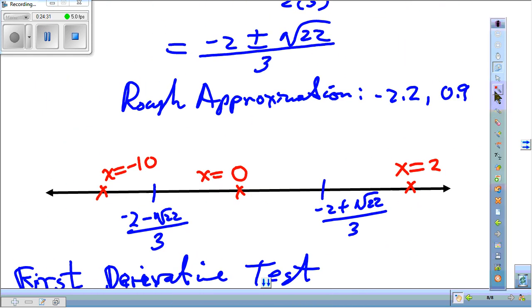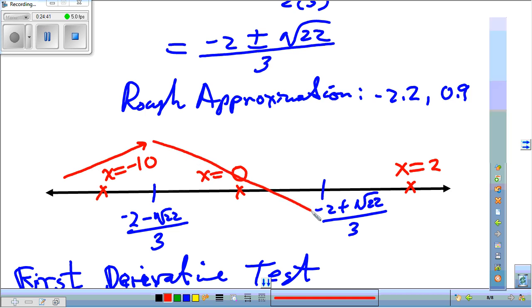More graphically, we have it increasing, so a general upward slope direction. It goes across one of the critical values and becomes decreasing, and then at that point it goes back to increasing. So visually we can see a maximum and a minimum.